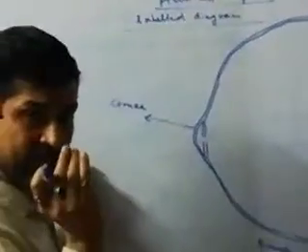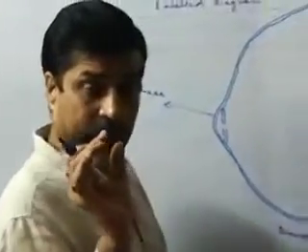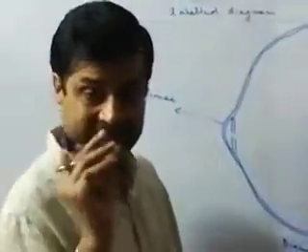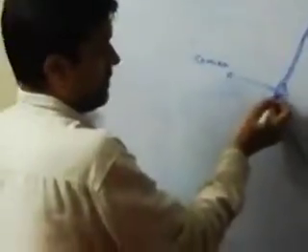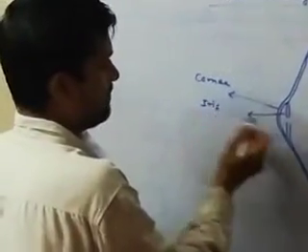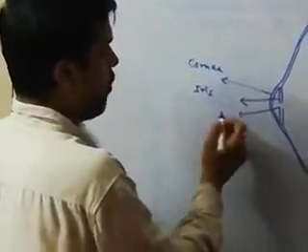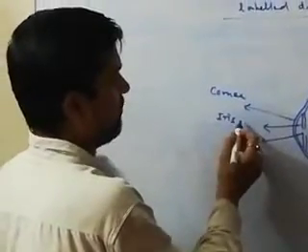The iris and pupil system is very similar to a diaphragm and hole system, where when the diaphragm opens, it increases the size of the pupil. The pupil is the hole and the iris is the diaphragm.